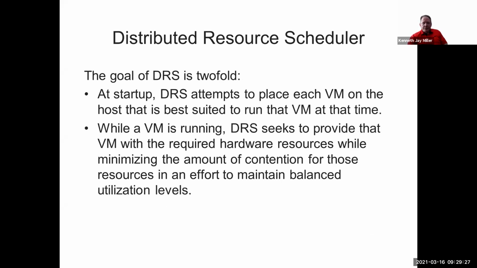Now we can also use DRS so that at startup, it attempts to place each VM on the host that is best suited to run that VM at that time. So remember, we said that sometimes these workloads are dynamic and that they change, right?